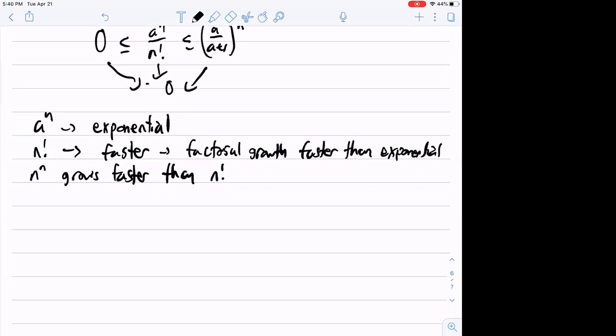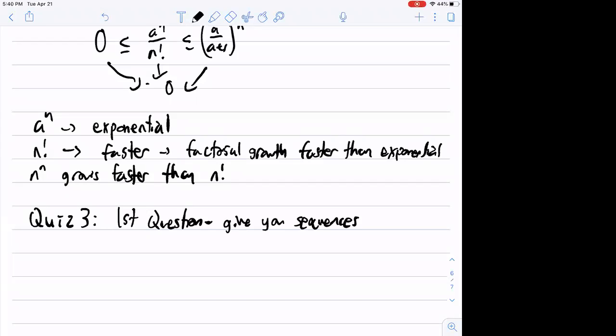Let me state the quiz now. Quiz 3, I think. First question: I will give you sequences, so more than one, and you tell me whether each converges or diverges.